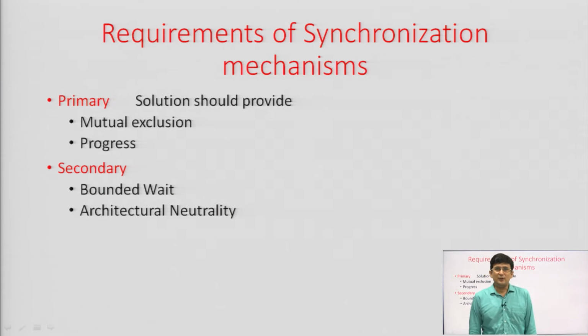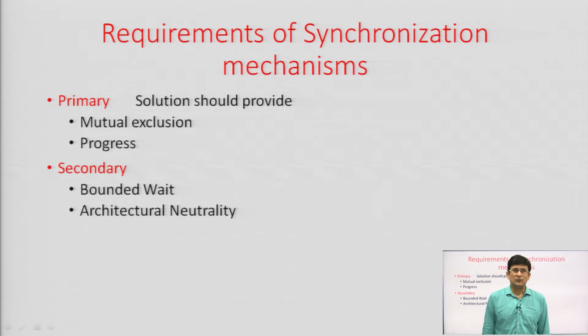Now, whatever solution we devise for achieving the synchronization, all those solutions must satisfy 4 conditions, out of which 2 are said to be the primary conditions and 2 are the secondary conditions. For example, the mutual exclusion. Obviously, we try to achieve the mutual exclusion.